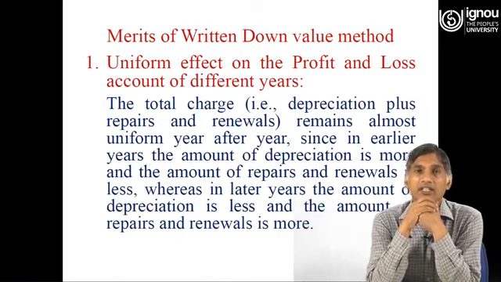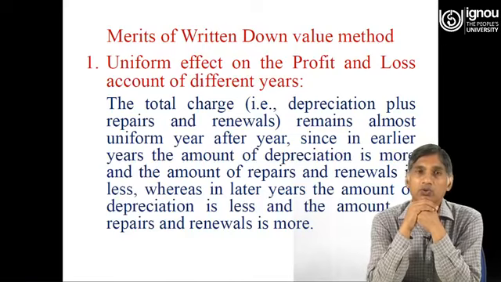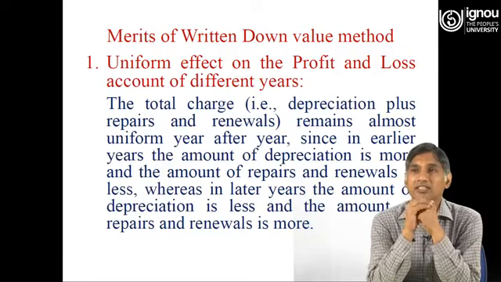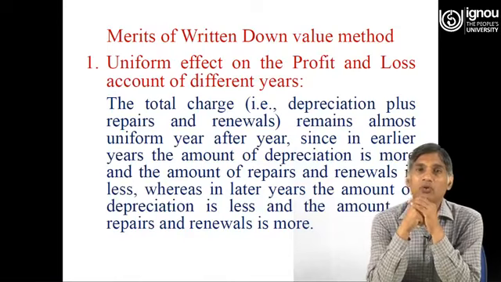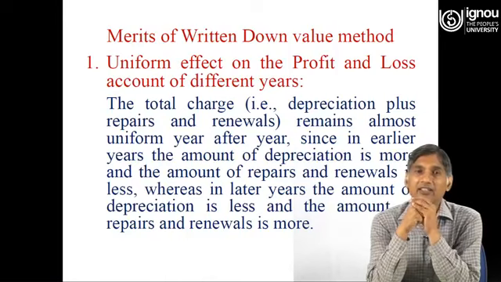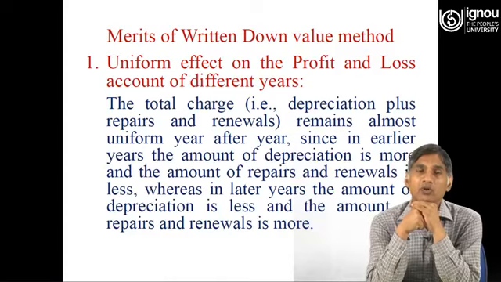Merits of this written down value method: uniform effect on profit and loss account of different years. So the total charges, that is depreciation plus repairs, are almost uniform year after year, since in the earlier years the amount of depreciation is more but the amount of repairs is less, whereas in the later years the amount of depreciation is less but the amount of repairs is more.